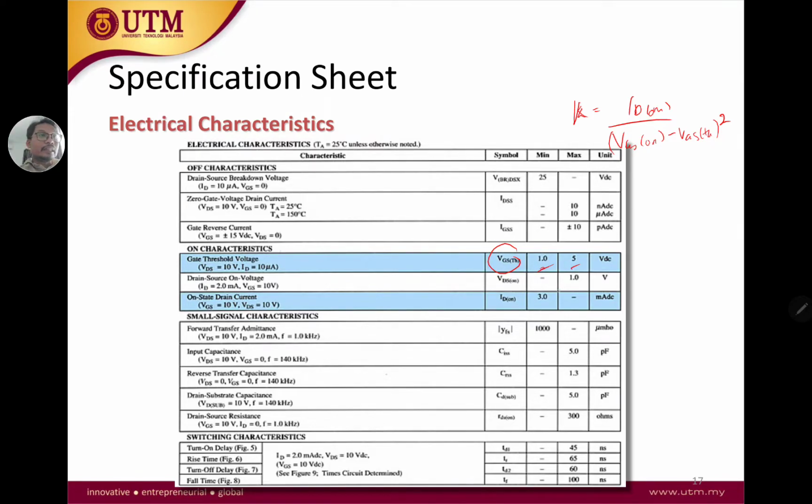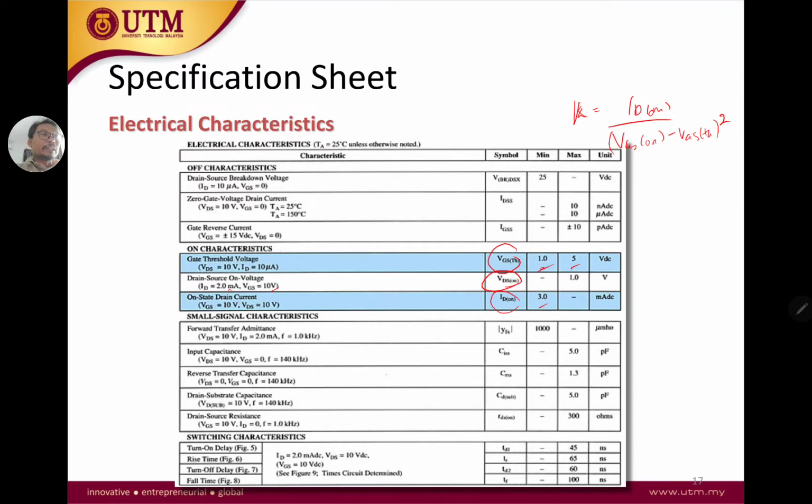We have a VDS on, given that your ID is 2 milliamp and VGS is 10 volts. And then we also have our ID on as 3 volts. So these parameters we can find from the data sheet of the transistor that we have.